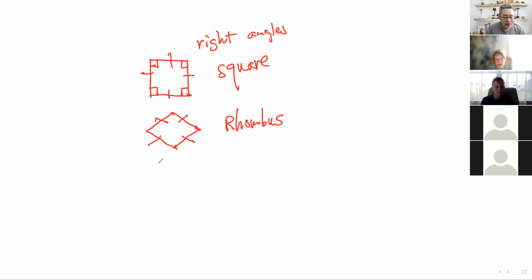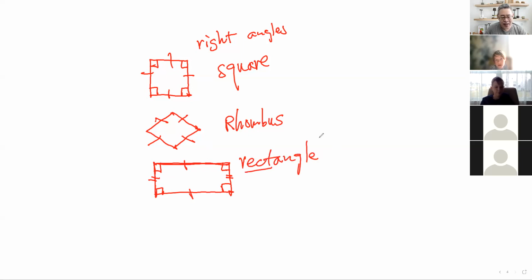And of course, you could have something like this, where this is 90, this is 90, this is 90, this is 90. This side and this side are congruent, and this side and this side are congruent, but this side is not congruent to that side. So that's called a rectangle.